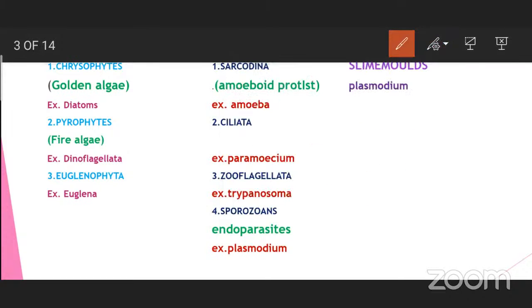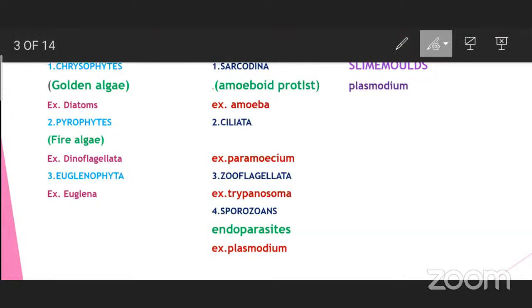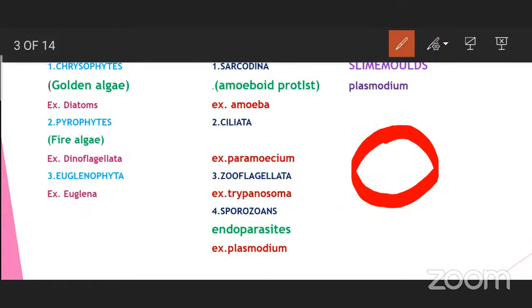Next, sporozoans. Sporozoans are not having any locomotory organ. They are endoparasites. Endoparasites means inside the body of any living organisms, they are going to survive. And example is Plasmodium. The name sporozoan is given because Plasmodium parasite will be like a spore in one part of its life cycle.